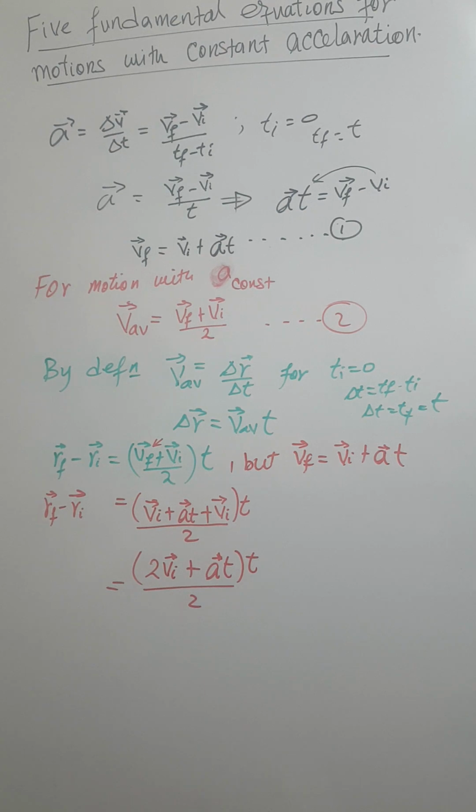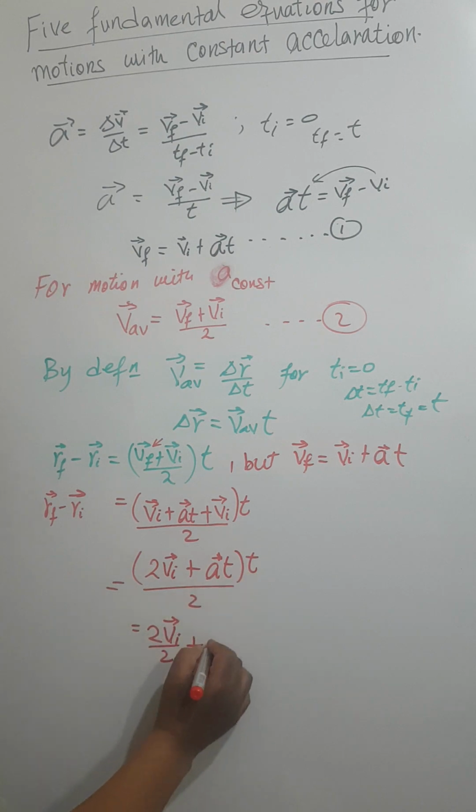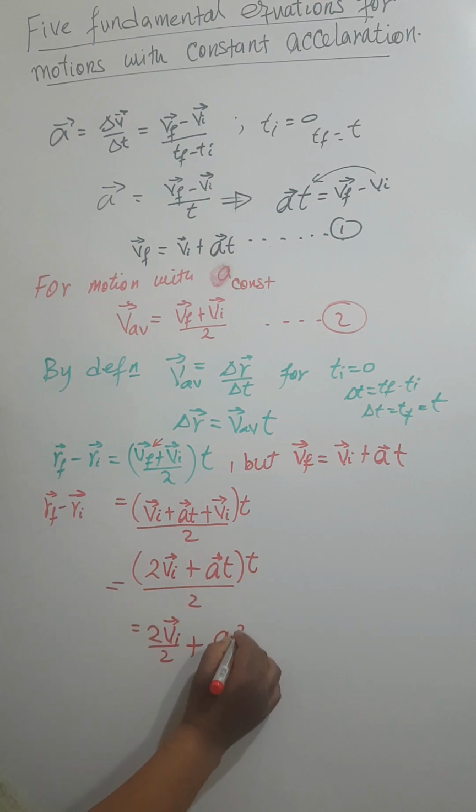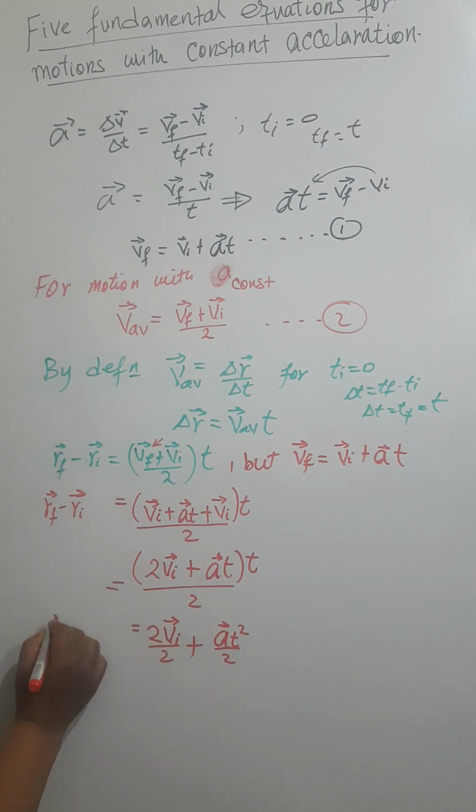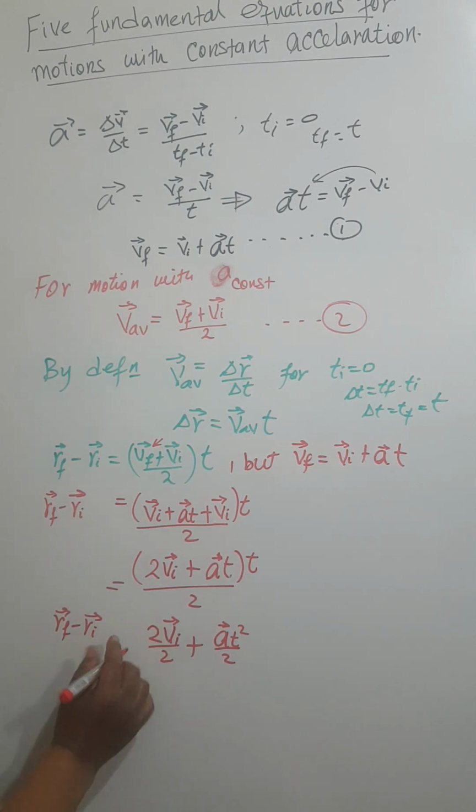Now multiplying everything in the bracket by T provides 2 times Vi T divided by 2 plus A times T squared divided by 2 is equal to Rf minus Ri.